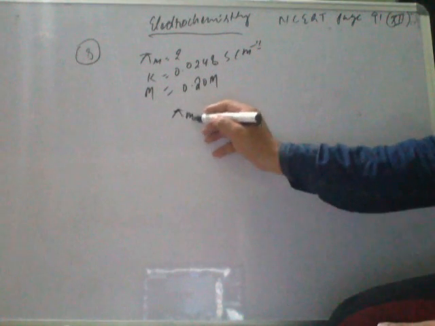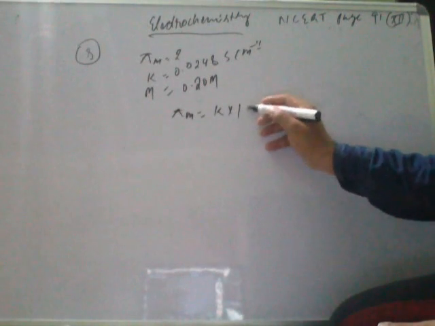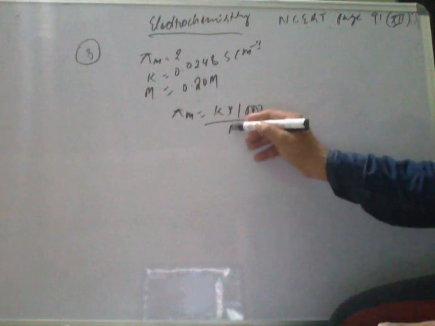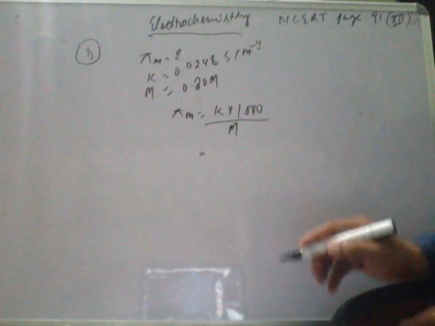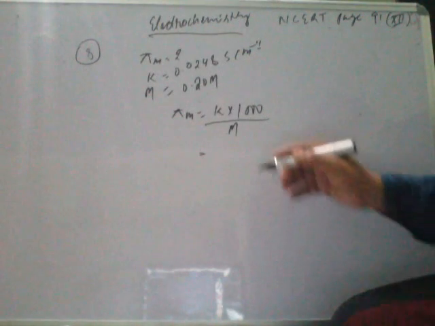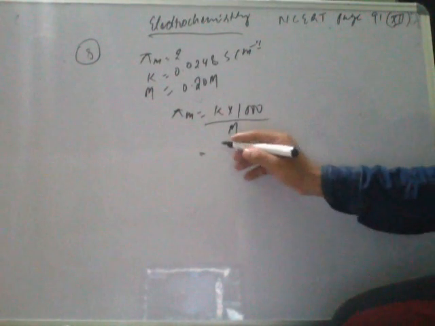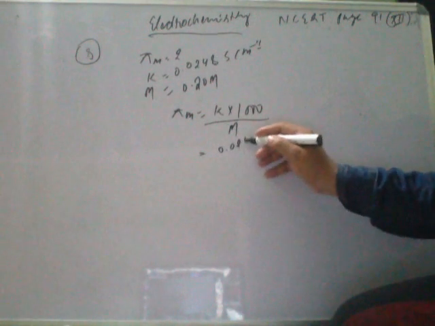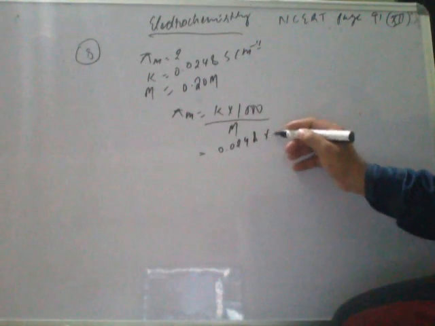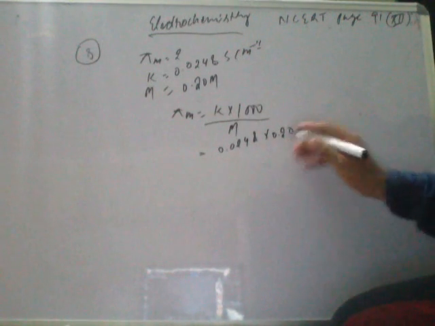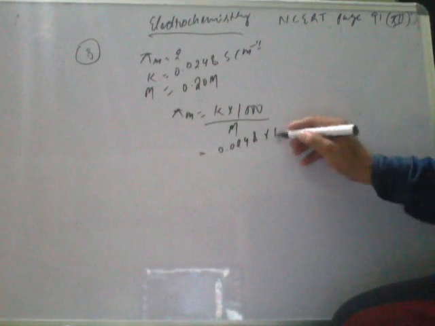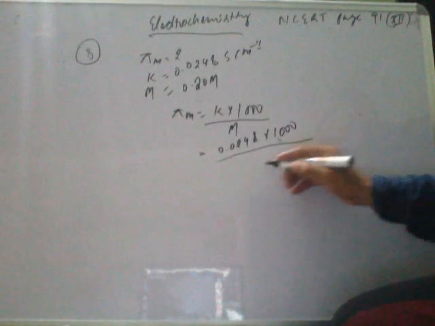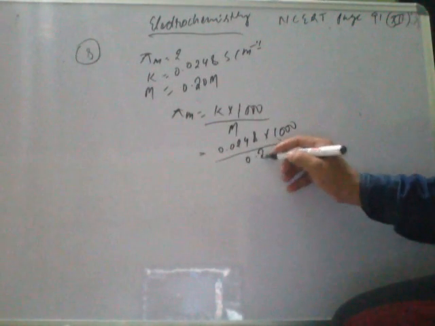Now we have to calculate lambda m. Lambda m is equal to K into 1000 upon C, that is concentration. You can write M here also, no problem. If you put the values here, K is 0.0248 multiplied by 1000, divided by the molar concentration 0.20.